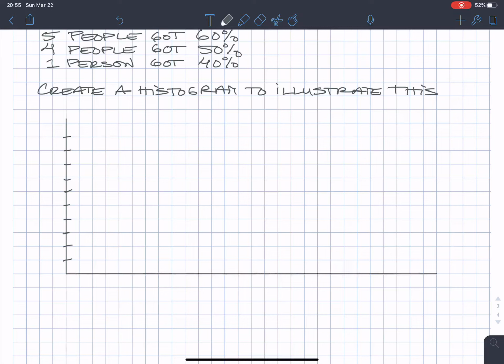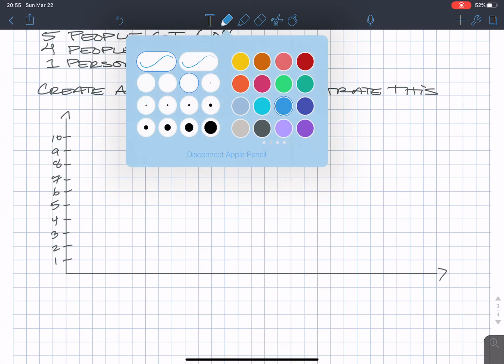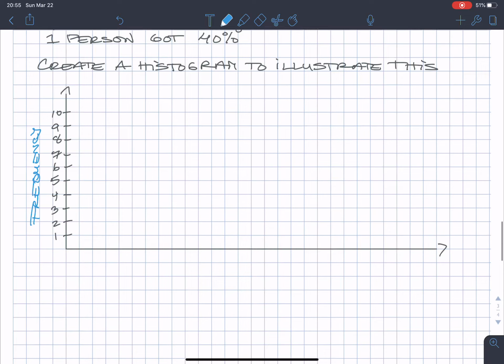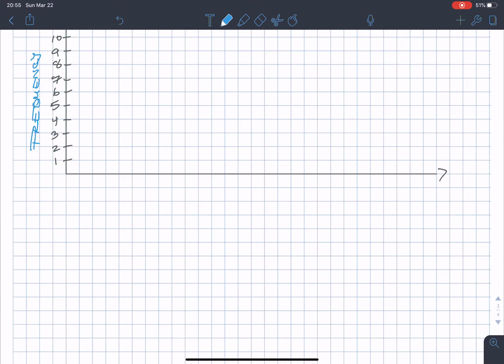And now the horizontal axis is a number line, and we'll get to what that means in a moment. So this was frequency for a bar graph, which a histogram is. And this used to be categories, but now it's numerical categories.